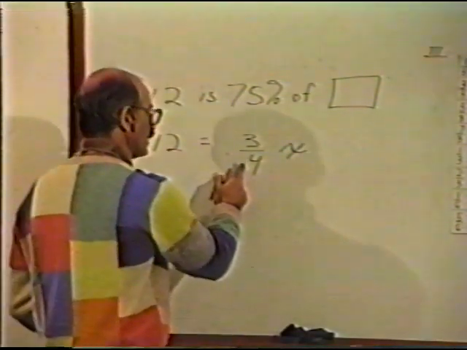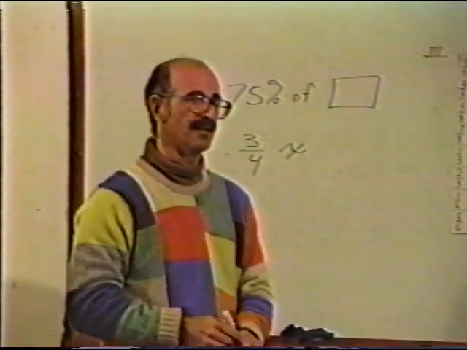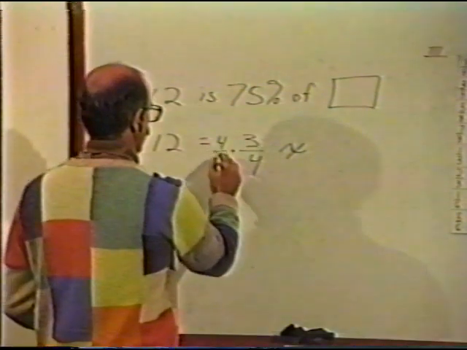Since we have a fraction in front of the x, we need to multiply both sides by the flip-flop, 4/3.